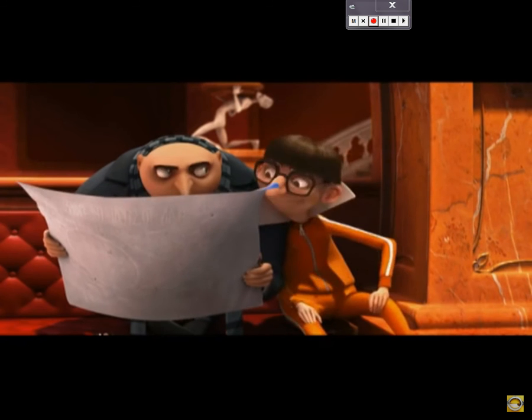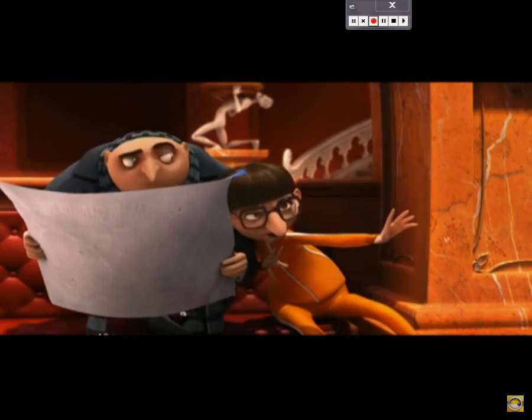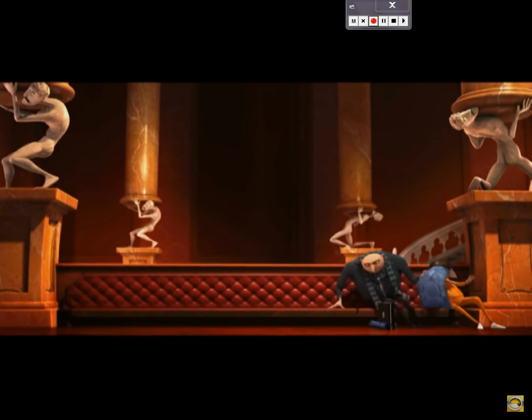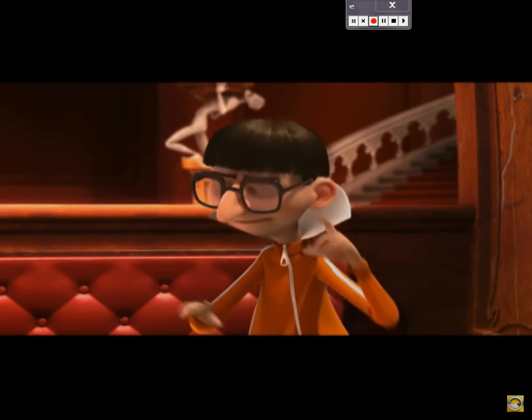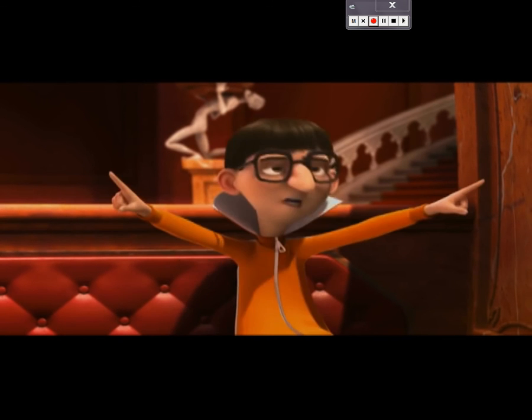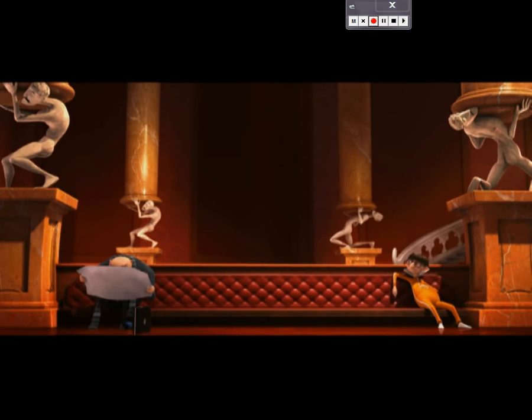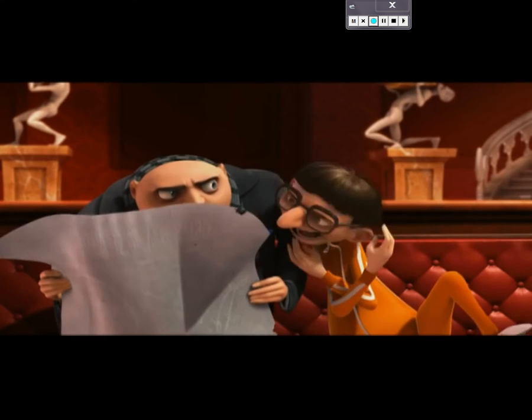What does that mean? I'm applying for a new film loan. Go by the name of Vector. It's a mathematical term, a quantity represented by an arrow with both direction and magnitude. Vector!